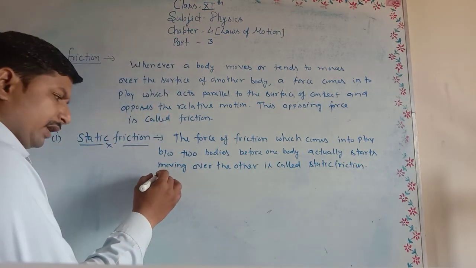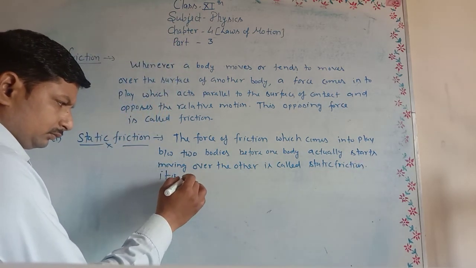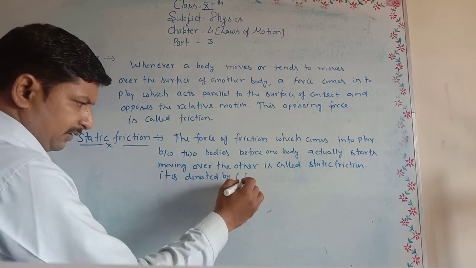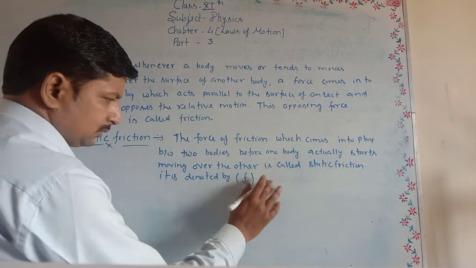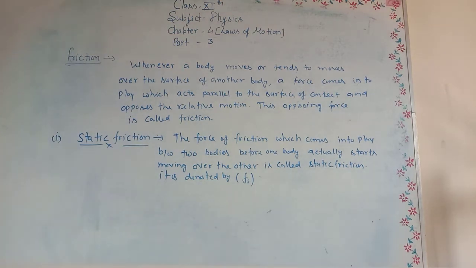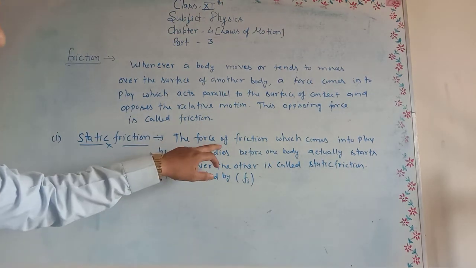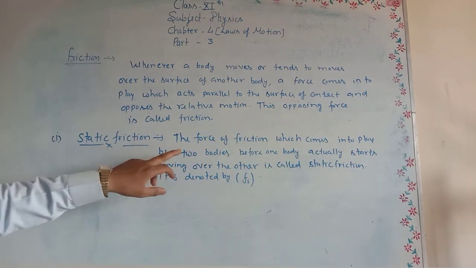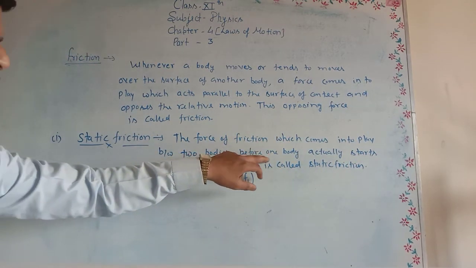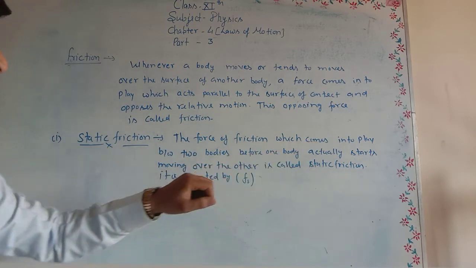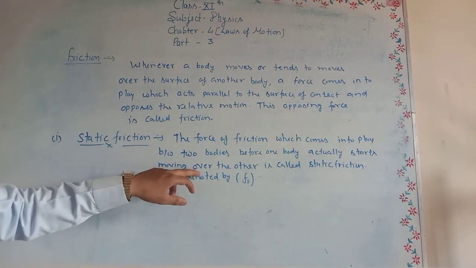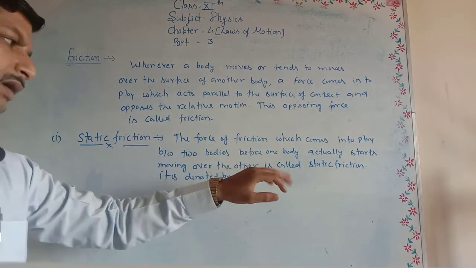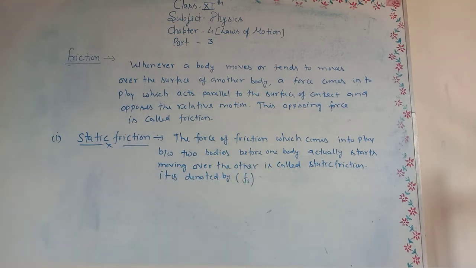It is denoted by Fs. The force of friction which comes into play between two bodies before one body actually starts moving over the other is called the static friction.